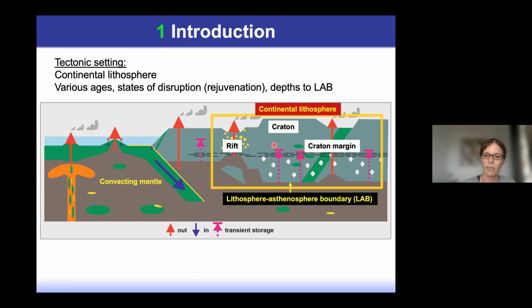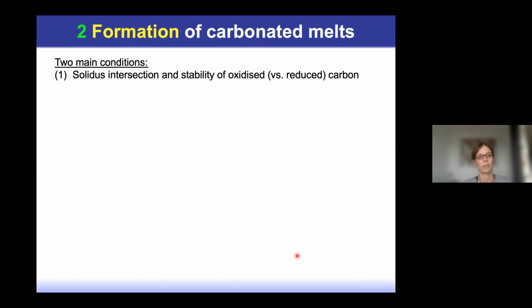And the depth to the lithosphere-asthenosphere boundary is important because this LAB gives rise to the so-called lid effect, which means that if you have a decompressing mantle package in the convecting mantle, it can intersect the solidus and form a partial melt, but only until it hits the lithosphere-asthenosphere boundary, at which point decompression melting stops. And so that can keep the melt fraction low, which is important, as we will see in a moment.